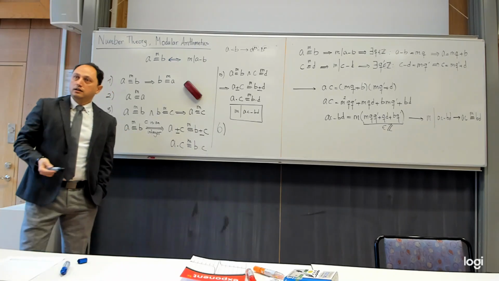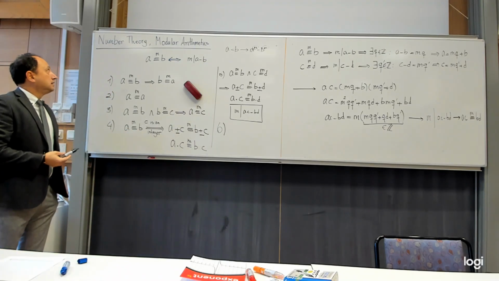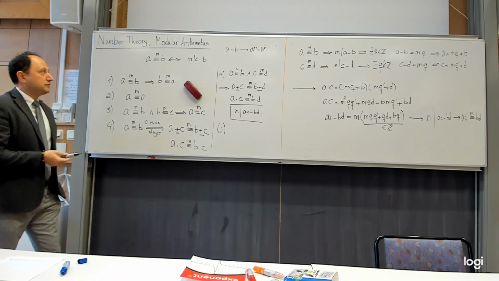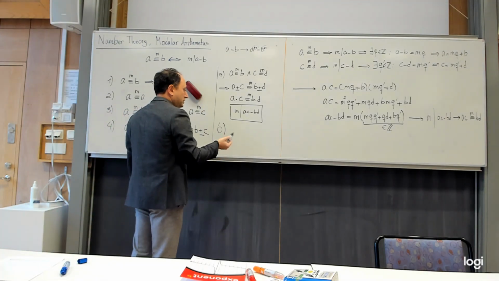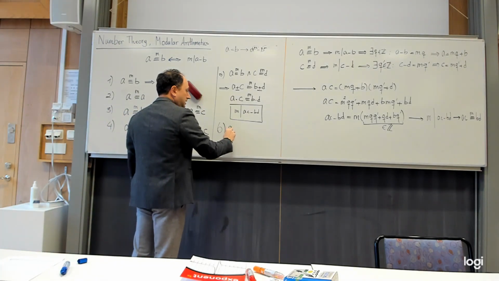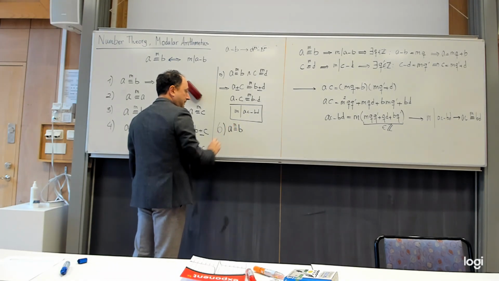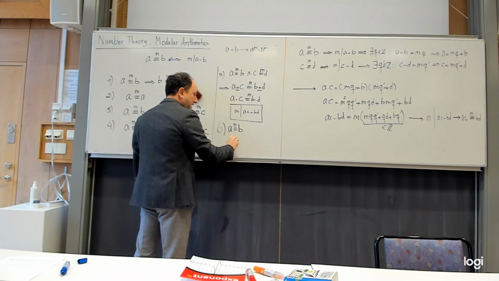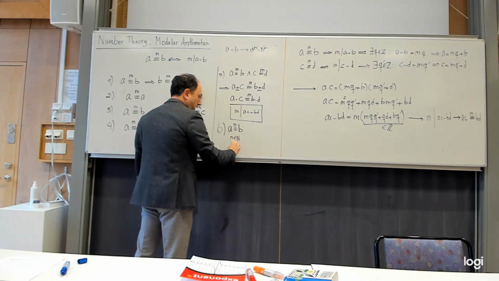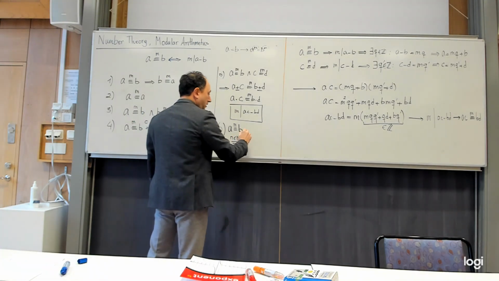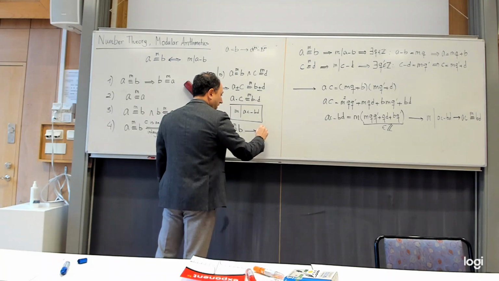But in number theory, we have to have those things for integers. So I would say that if A is congruent to B modulo m, and if n is a natural number, so I emphasize here, then of course I can raise it to power n.